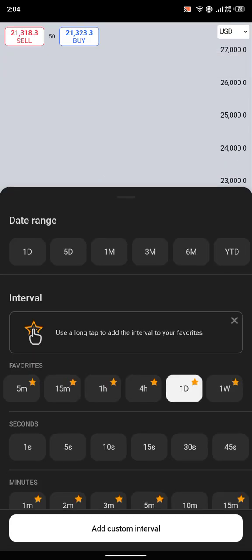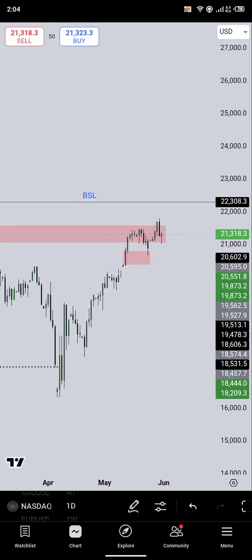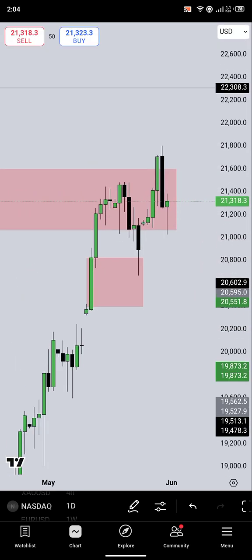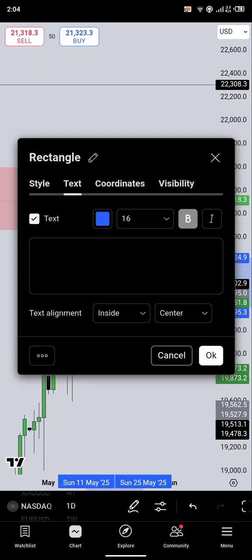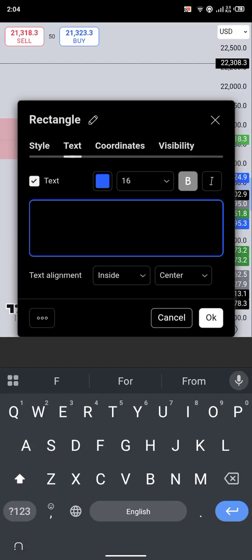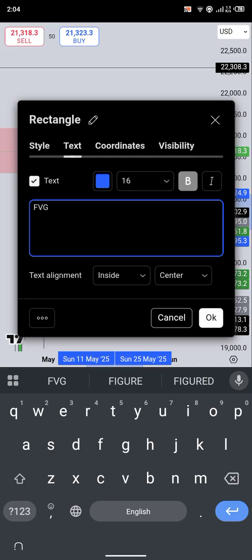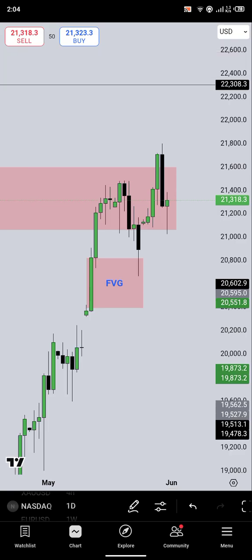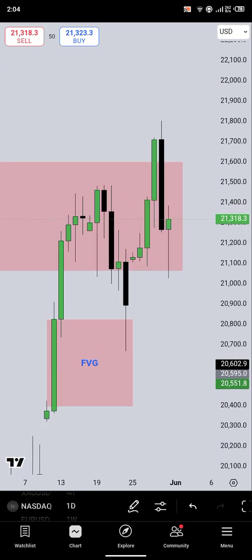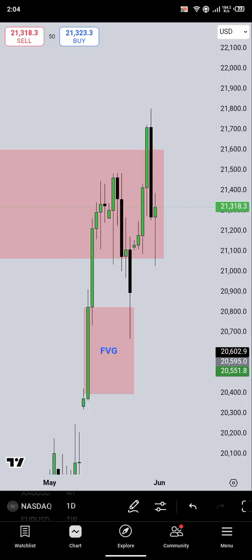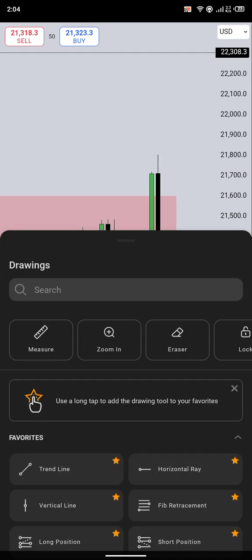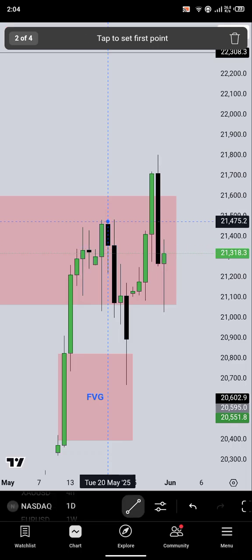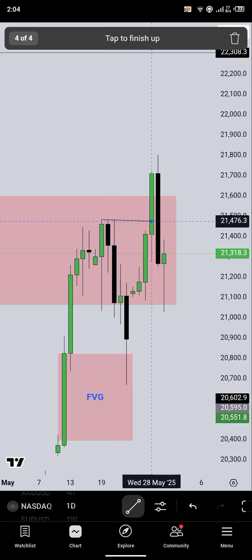So let me come to a daily time frame. Price reacted off of this imbalance, and the moment price came into this fair value gap, we saw that price went to take out sell side liquidity.